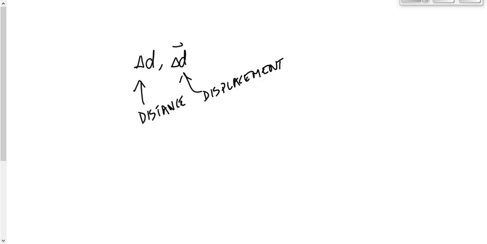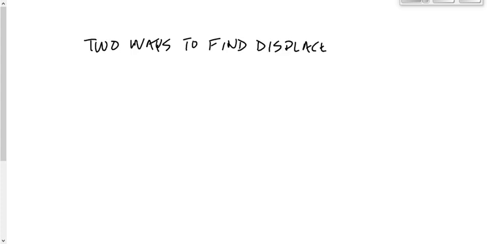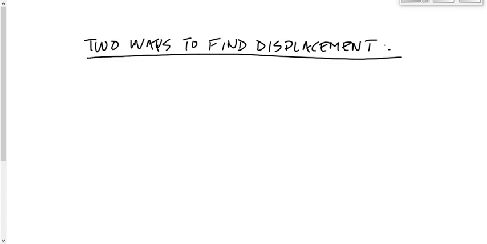Now, there's two ways that we can find displacement. Other than counting up steps, there's two mathematical ways to find distance and displacement here.